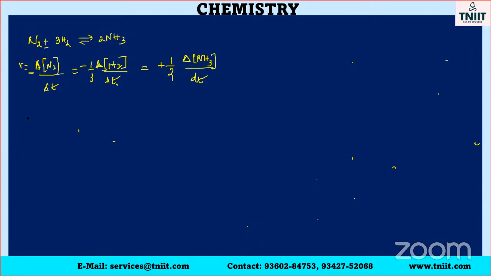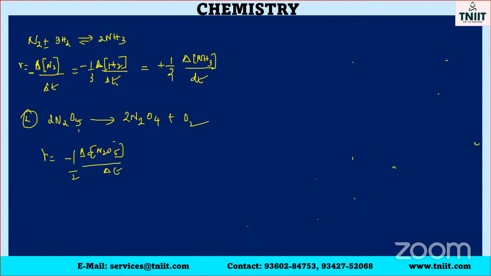Now we will take one more simple example, like 2 moles of dinitrogen pentoxide which on heating decomposes to dinitrogen tetroxide and oxygen gas. Now, what will be the reaction rate and stoichiometry? Rate will be equal to minus change in concentration of N2O5 with respect to change in time. But the coefficient is 2, so we divide by 2: minus 1 by 2 change in concentration of N2O5 with respect to time.